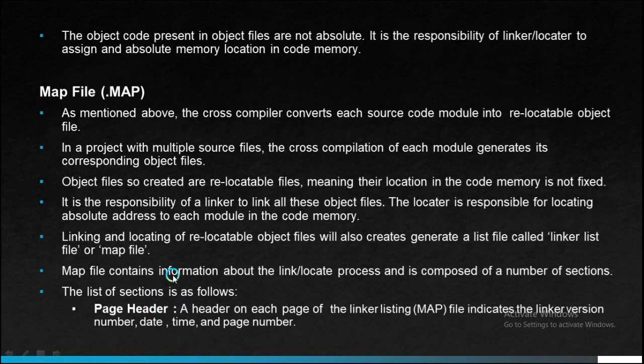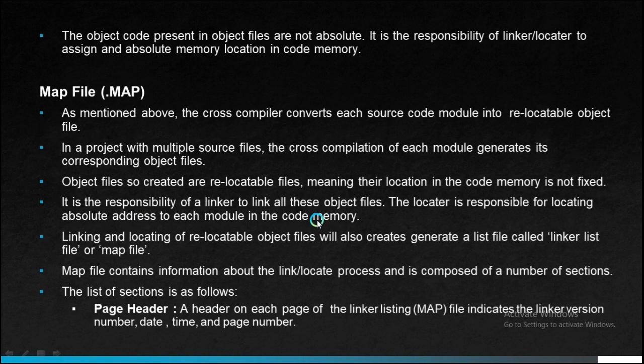Before I move towards that, I will brief what I have written here. These three points say that the object files created are relocatable files, meaning they don't have a fixed location. As I said earlier, it is the responsibility of the linker to link all these object files, and the locator's responsibility is to assign an absolute address to each module in the code memory.